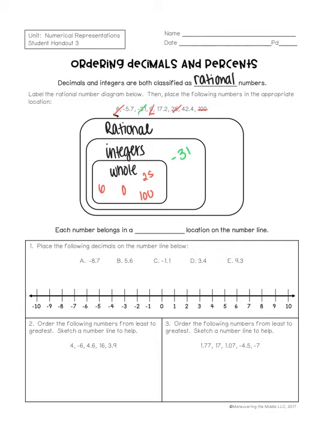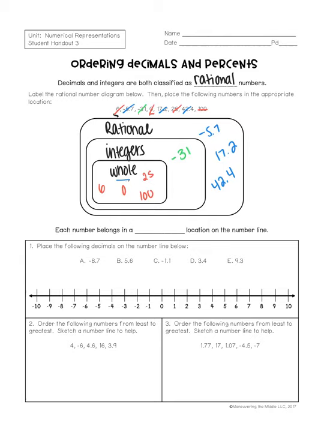Then I look at my rational numbers. Rational numbers are everything else. They could be positive or negative, and they can be a decimal or a fraction. So here we have negative 5.7, we have 17.2, and we have 42.4. All of those are rational numbers. Now, remember, everything inside this big diagram is a rational number.